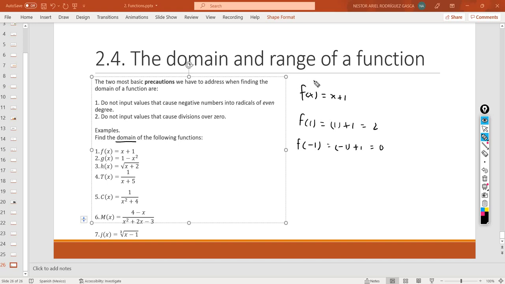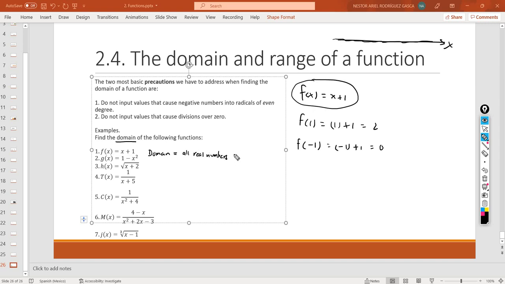So this kind of function has no problems with its domain, and we say that the domain of f is equal to all real numbers, all of them. Like if this is the real line, all the numbers from minus infinity to plus infinity, this has no problems with any number.